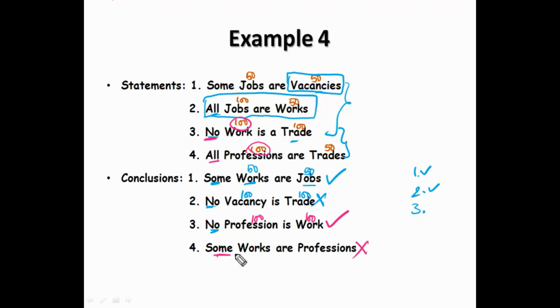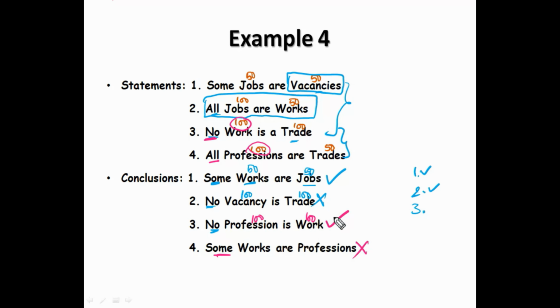Okay. After individual verification of each conclusion, we have to check either or. Anywhere works and jobs? No. Anywhere vacancy and trade? No. Profession and work? Yes, these two.